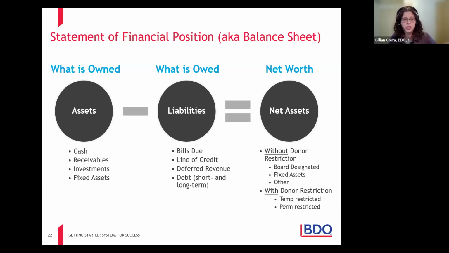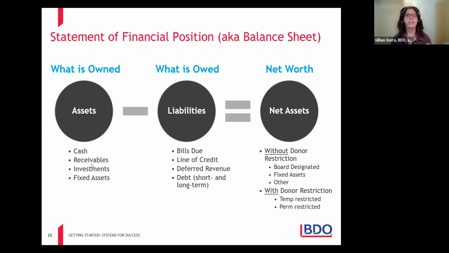Our statement of financial position, or balance sheet, has 3 main components. Our assets. This is very much about what we as an organization own. Often we'll see things listed under assets like our cash. What's the amount of cash we have in the bank? Here's where this concept of accrual accounting comes in.